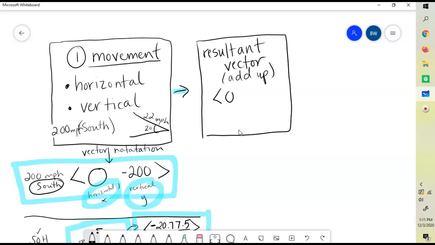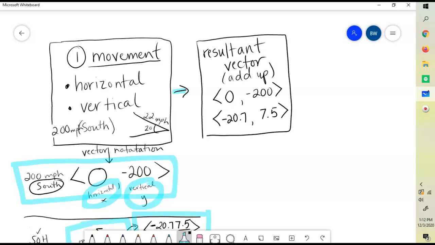So lining them up, we have 0 and negative 200 describing the horizontal and vertical movement in the first piece, and then we have negative 20.7 and was it 7.5? 7.5 being described in the next piece.